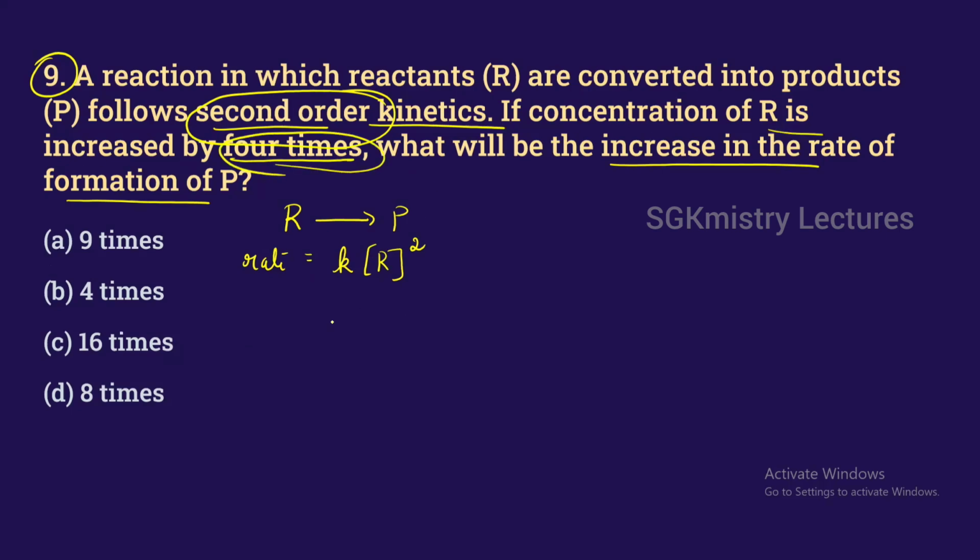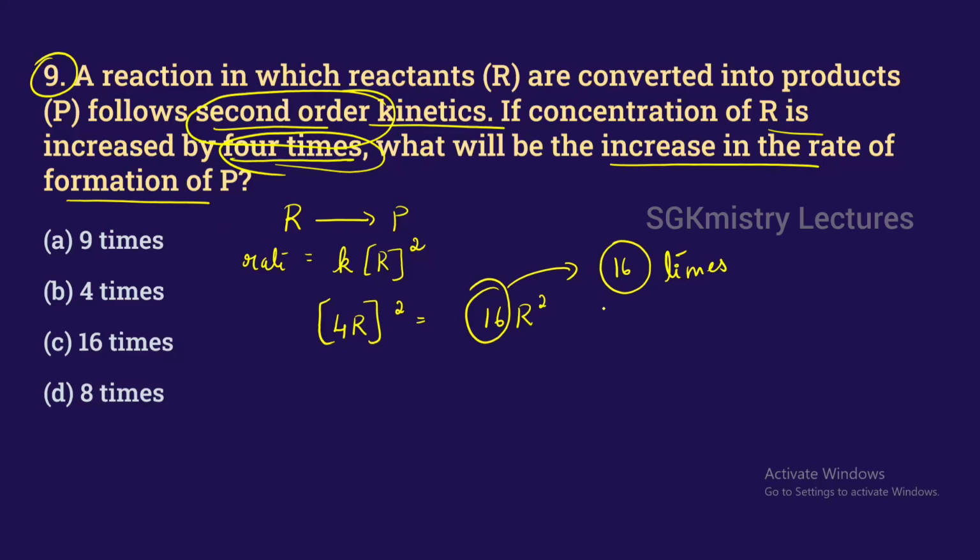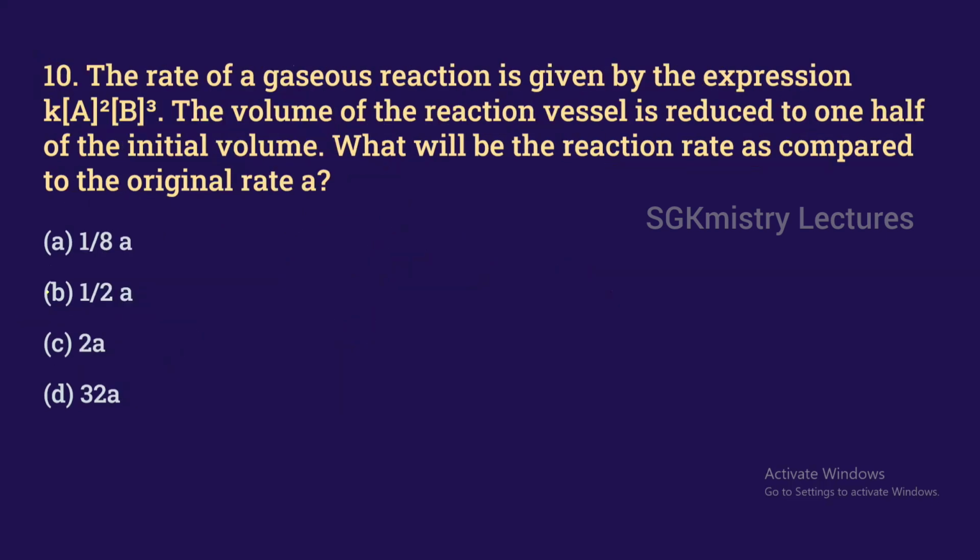So now what happens is 4 into R square, 4 squares is 16, so 16 R square. So of course the product formed will be 16 times more when compared to the initial. Initially we have R, now it is increased by 4 times, so the product formation will be increased by 16 times. So the correct answer is option C, 16 times.